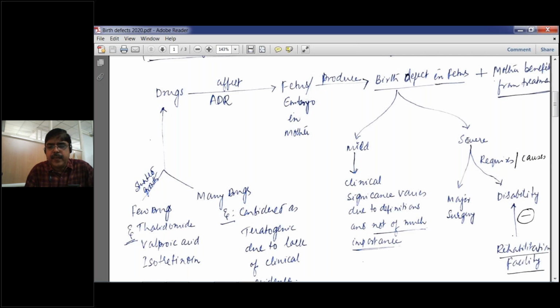Now, if it is a severe one, there can be two possibilities. Either you can go for major surgery, like cleft surgery, where they stitch back the lips so that the person's face becomes compatible to see.